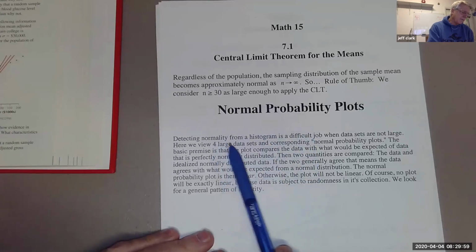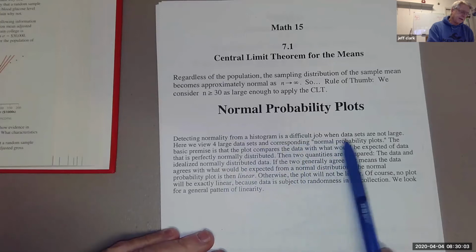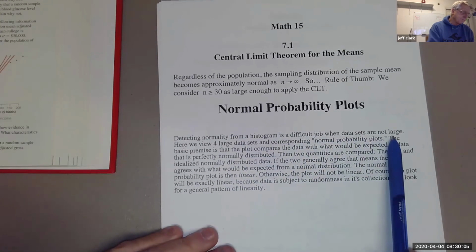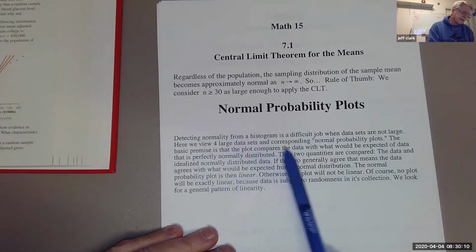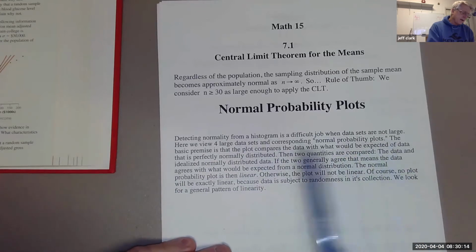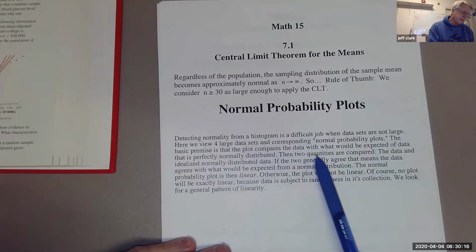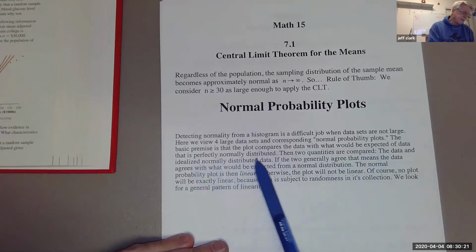Detecting normality from a histogram is pretty hard when the data sets are not large. When it says here we view 4 large data sets, it's on the next page, by the way. The basic premise is the plot compares the data with what would be expected of data that is perfectly normally distributed.